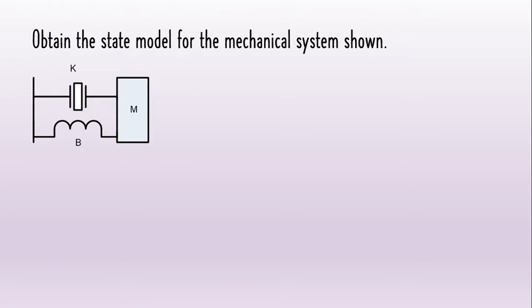Now, in the electrical system, we have taken the variables as capacitor voltage and inductor current. In this particular example, the example is not complete.